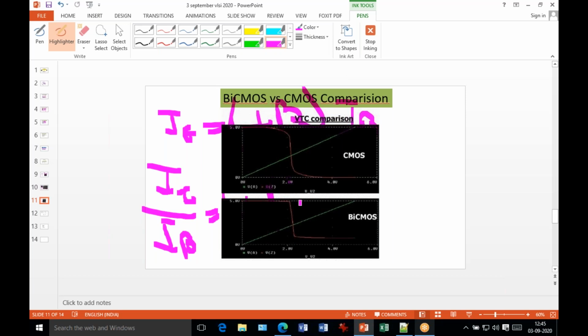Here, if you vary the input voltage, then you have to check your output voltage. You understand very well that you are plotting the DC characteristics.